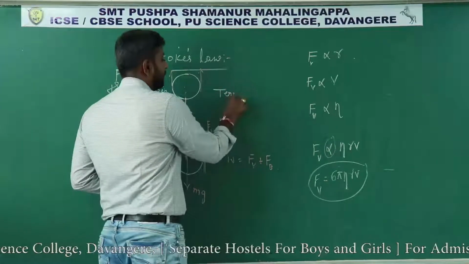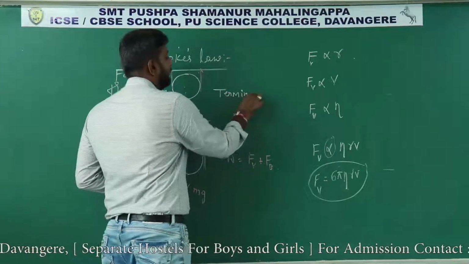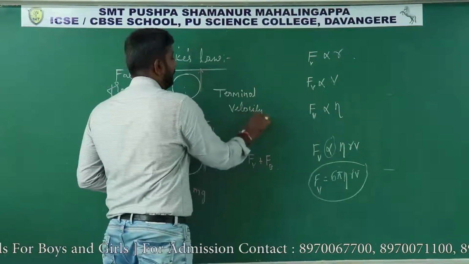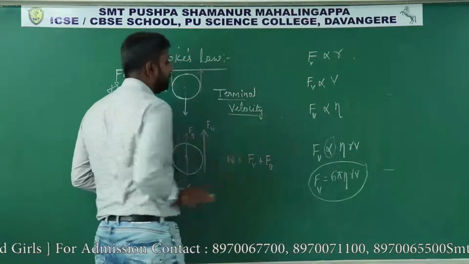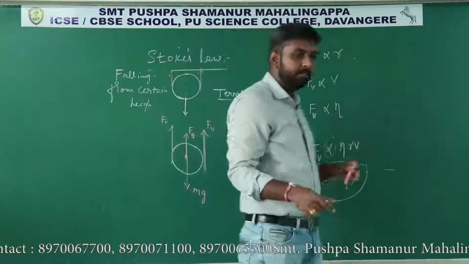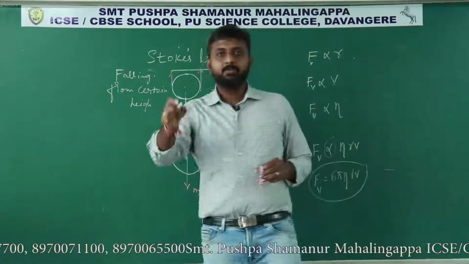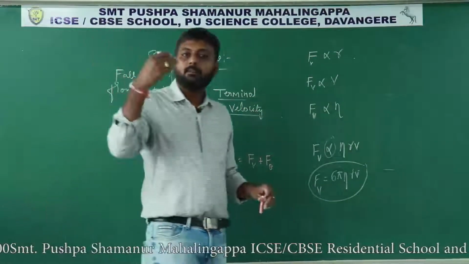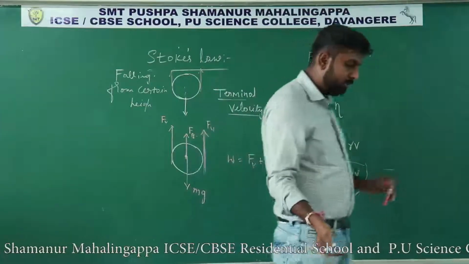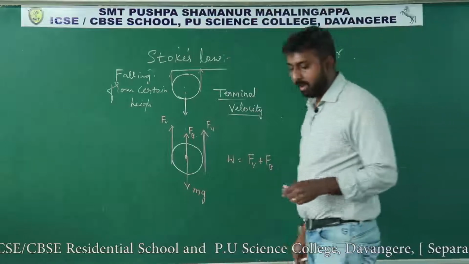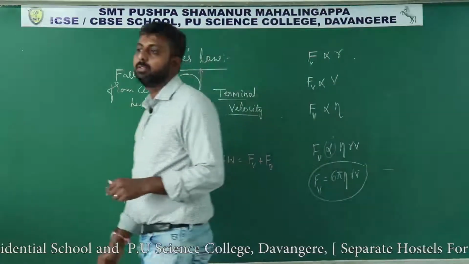is called terminal velocity. When the body reaches terminal velocity, when it is falling in a fluid medium, at any instant, the weight of the object balances the viscous force and buoyant force.